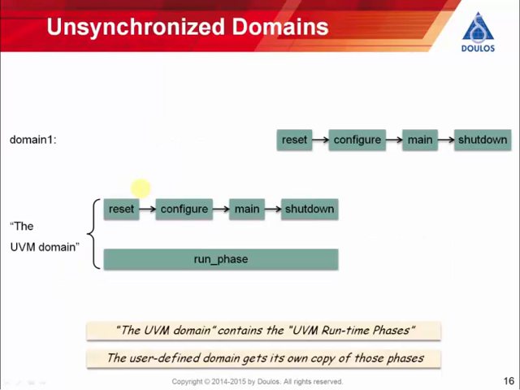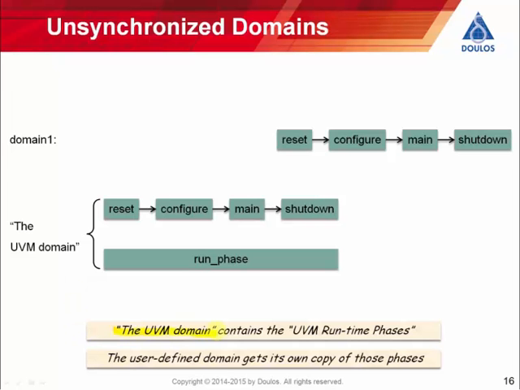So now our component env1, which is in domain1, has our 4 phases: reset followed by configure followed by main followed by shutdown. Our components that weren't in domain1 also have reset, configure, main and shutdown, and they're placed in the so-called UVM domain. Another jargon alert coming up.